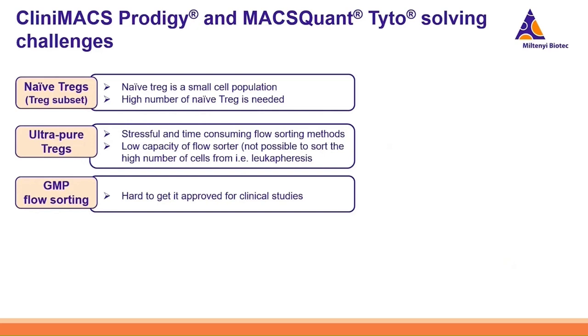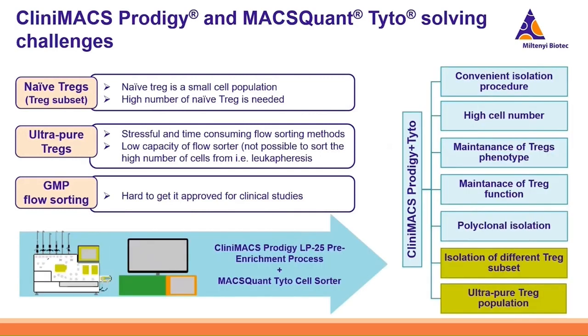And on top of that, the need for ultra-pure Tregs is also rising. GMP flow sorting is also a challenging task, and it's hard to get approval for clinical studies. So teaming up the CliniMACS Prodigy and the MACSQuantify Cell Sorter is the perfect fit to address these pain points, and we will have a look at this on the next slides.